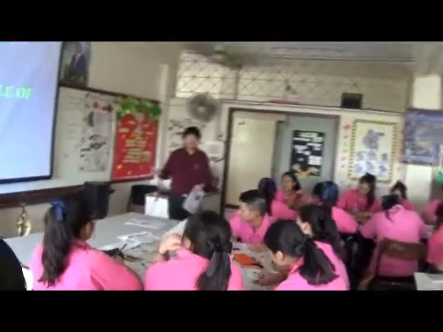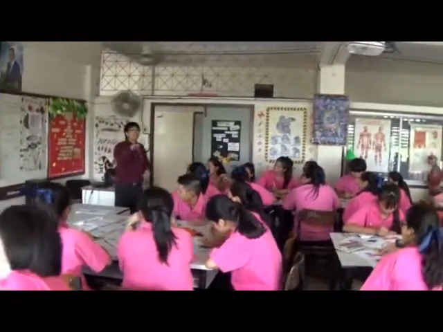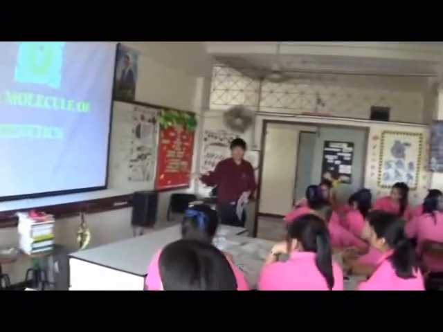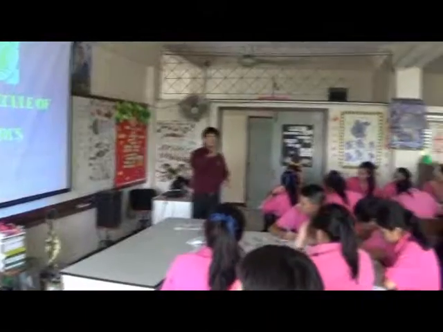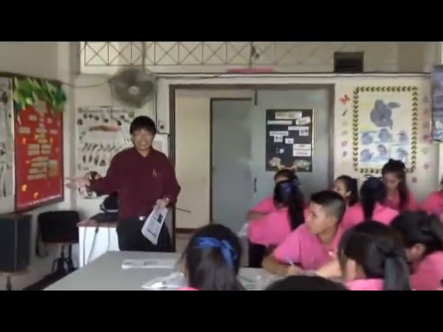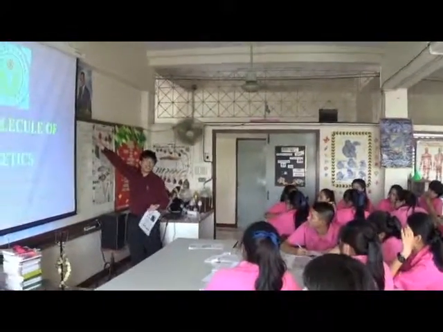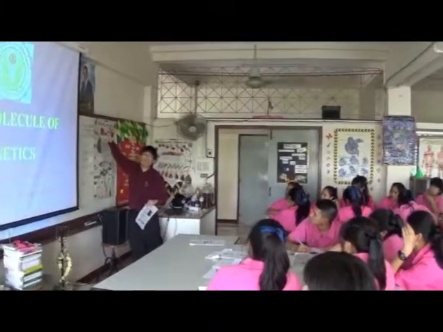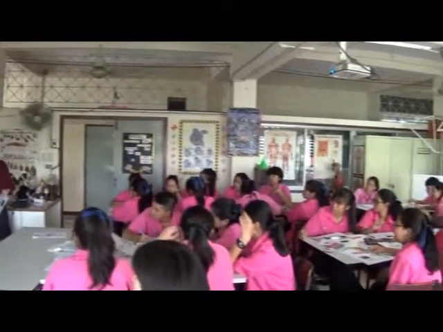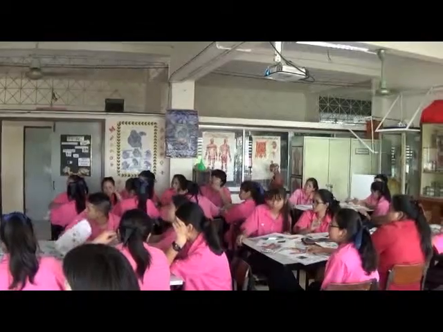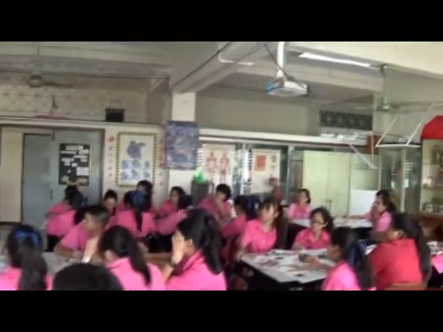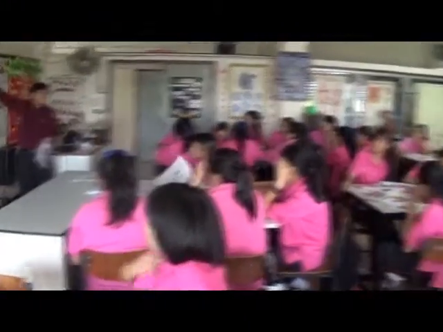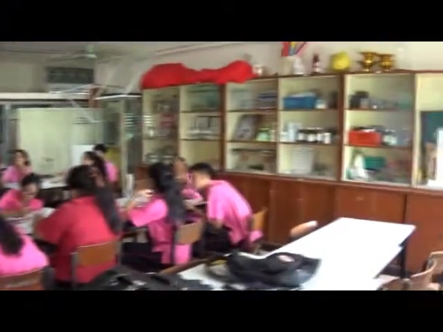Different. The DNA of a dog is different from the DNA of a cat. That's the function of DNA, to control character of species. Repeat after me: control character of species. That's very good.